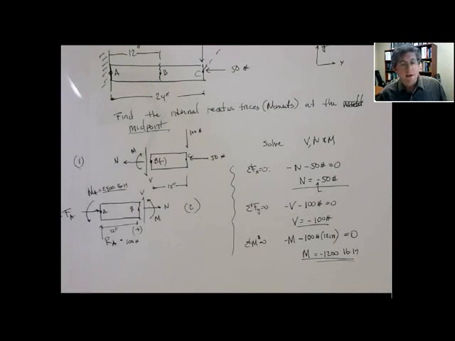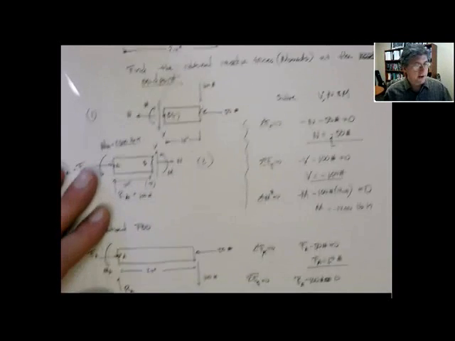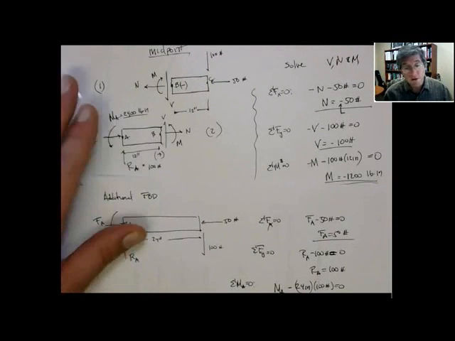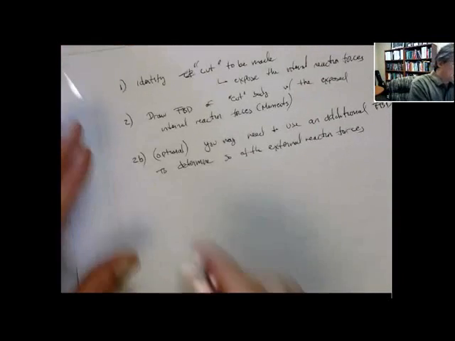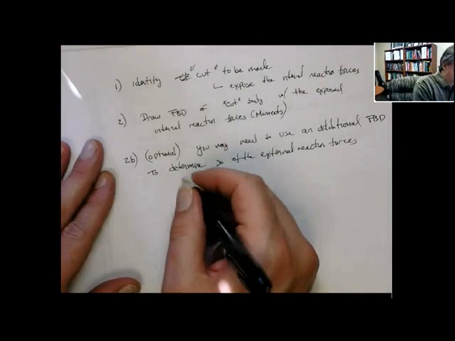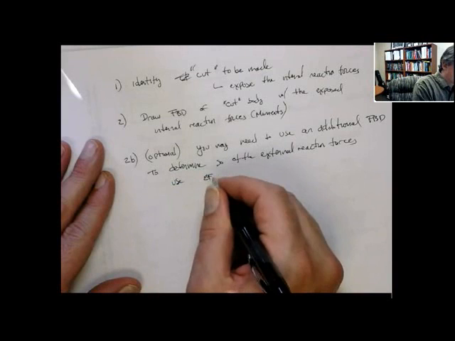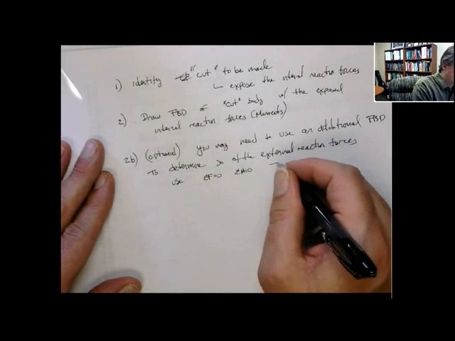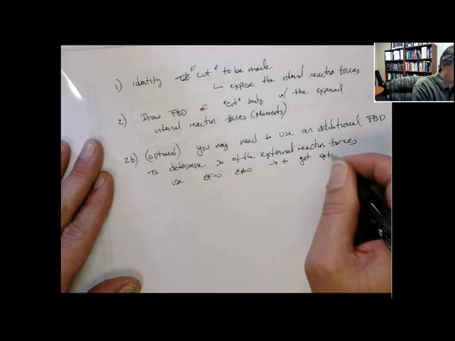When you begin, maybe not so savvy, you might choose the left one. That'll still work, but you will need to use an additional free body diagram to get the internal reaction forces that I have. Sometimes you'll have no choice. And the final step, in this case, we're using the same thing: use sum of forces equal to 0 and sum of moments equilibrium equations to obtain external reaction forces.